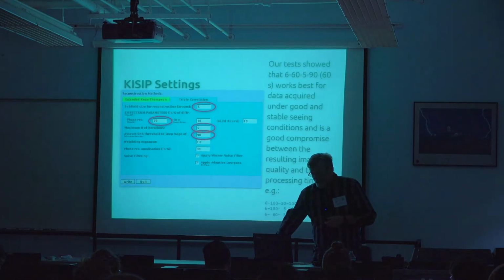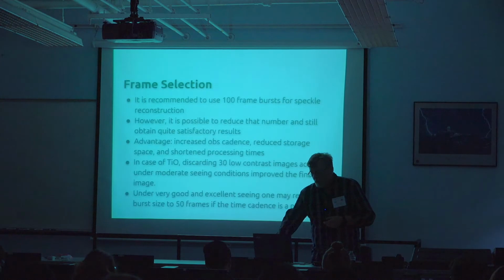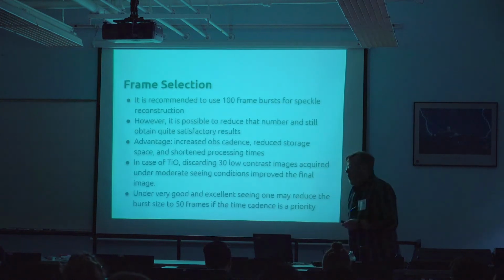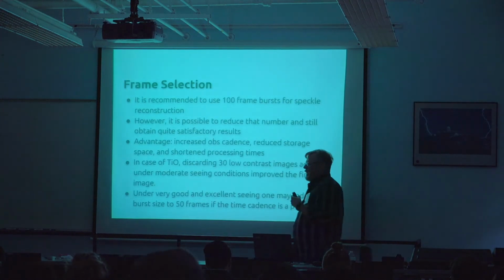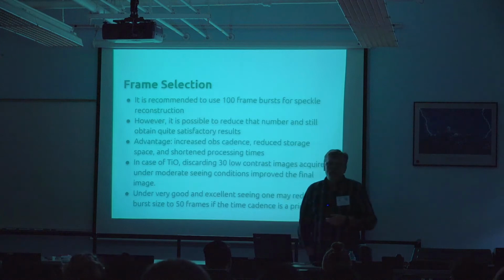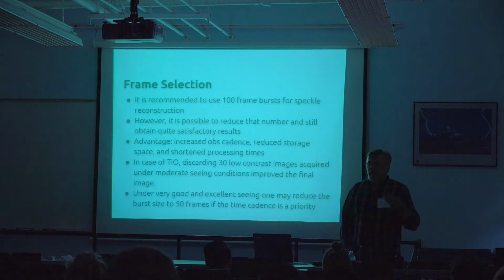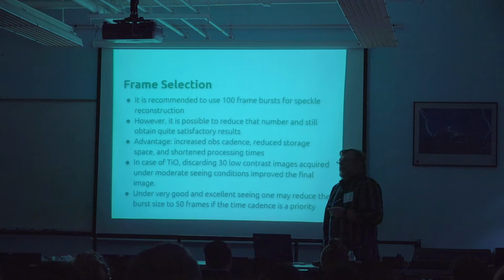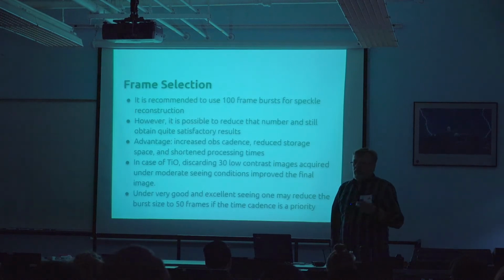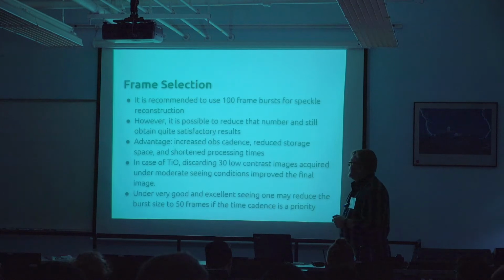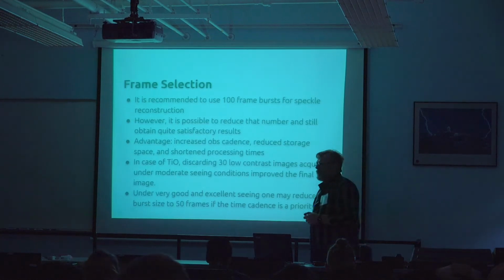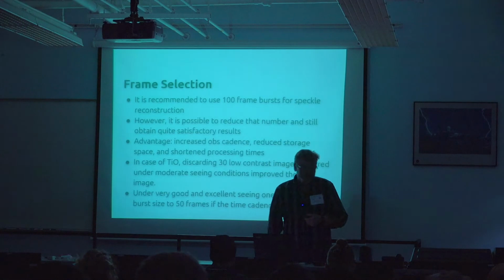Another thing we did was image selection. When we observe, we take 100 frames, and then we save only the 70 best frames, as determined using image contrast. What we can gain here is that we can reduce the cadence.